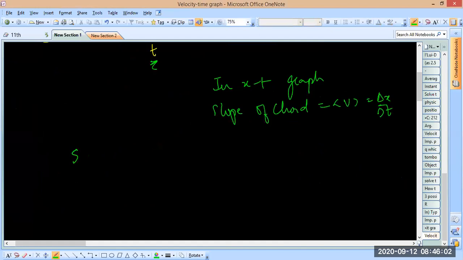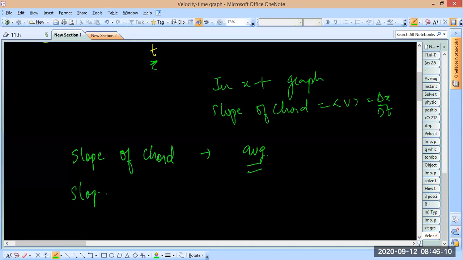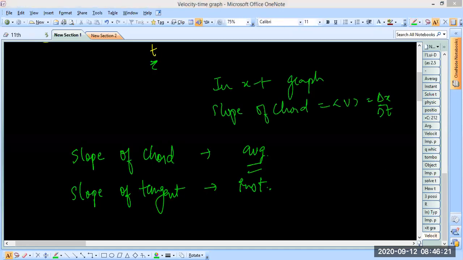If you draw a graph and you take the slope of a chord, it's always going to give you average. And if you take the slope of a tangent, then it's going to give you instantaneous. Yes, Haley, your answer was correct. That's a perfect observation.